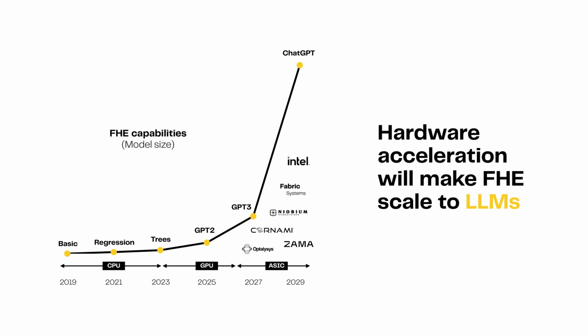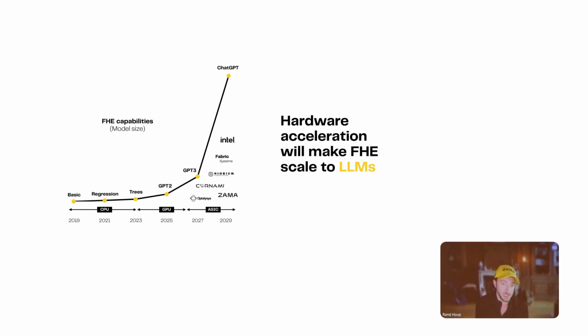But of course, if you want to support things like GPT-3 or whatever, you're going to need some dedicated ASICs. The same way that you needed GPUs in order for AI to go fast enough, and the same way you needed Bitcoin miner ASICs for Bitcoin mining to go fast enough, you're going to need a dedicated chip for FHE to go fast enough for most of those applications.